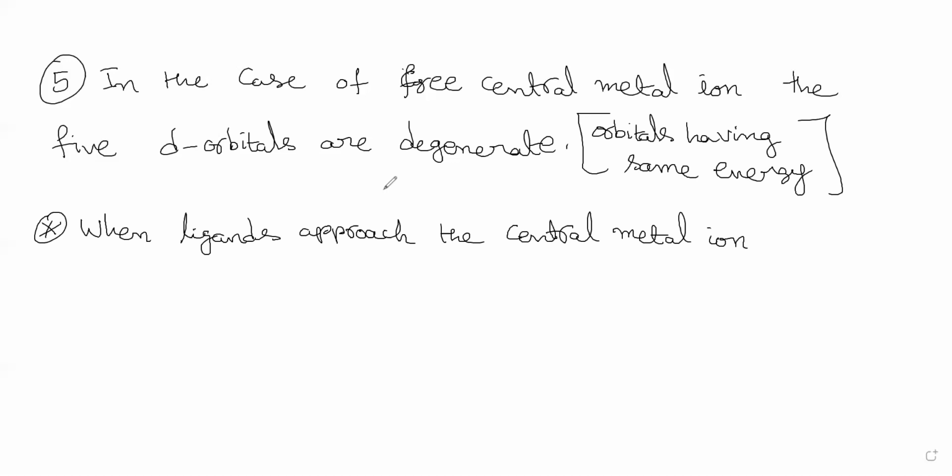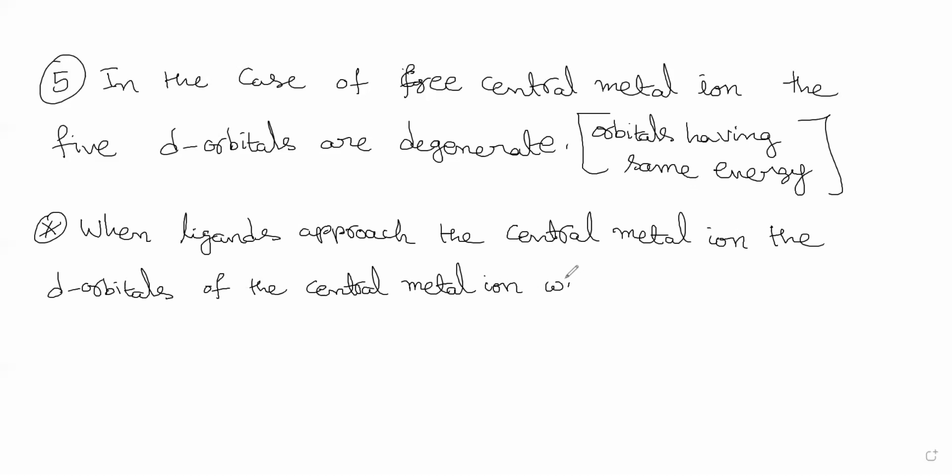When ligands approach the central metal ion, the d orbitals of the central metal ion will be split into different sets of orbitals having different energies.